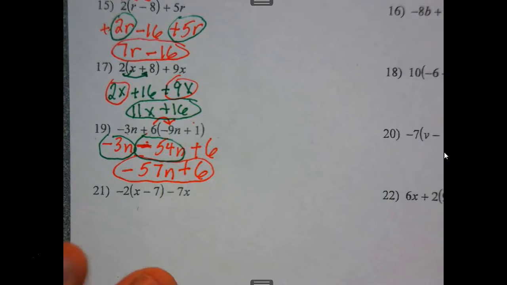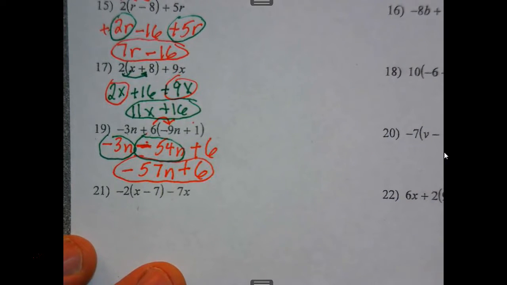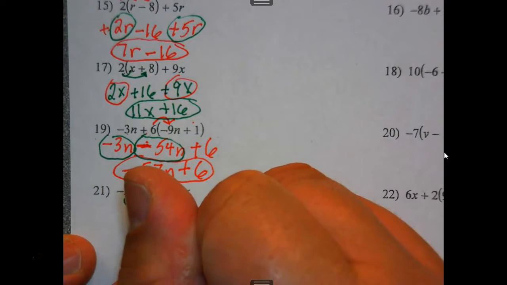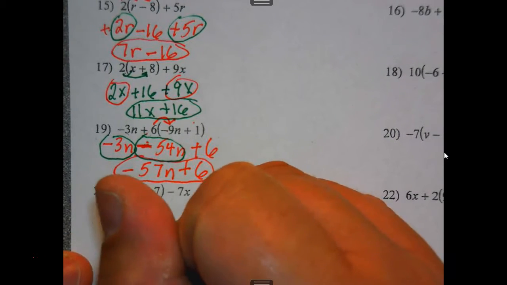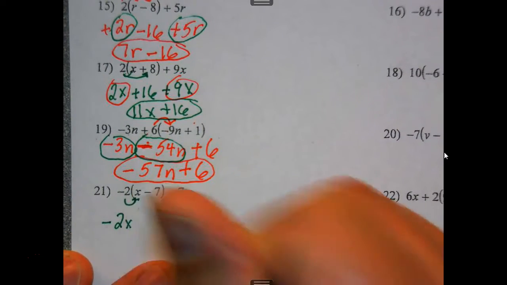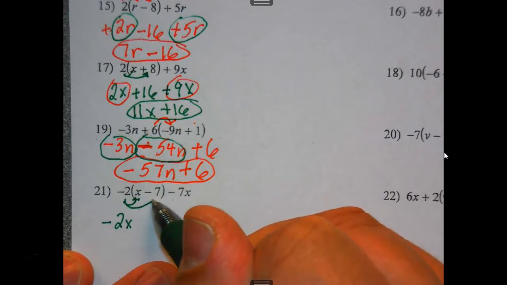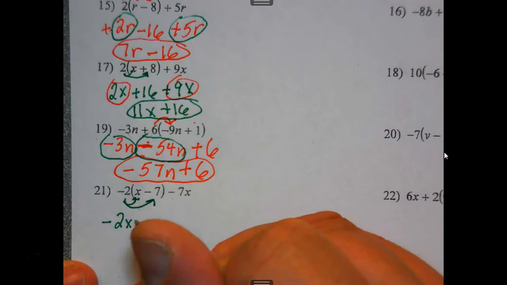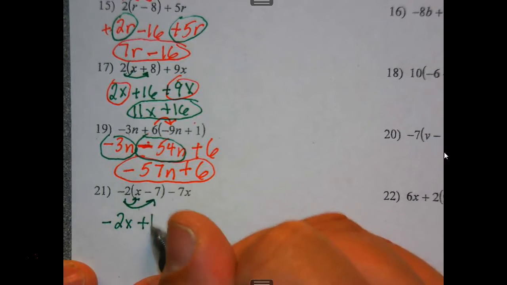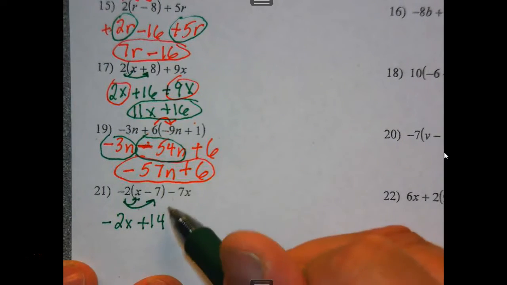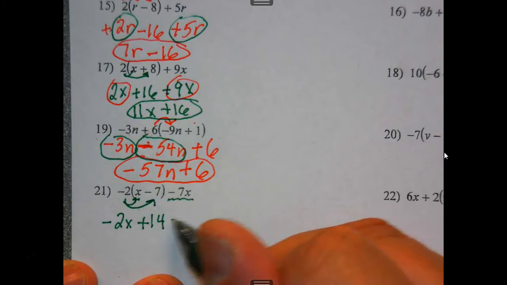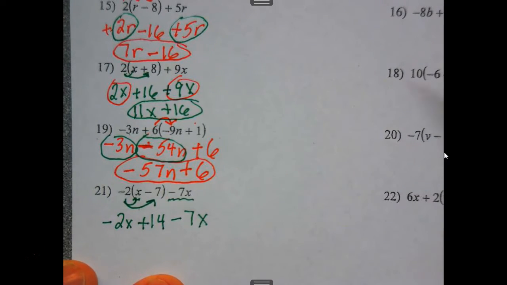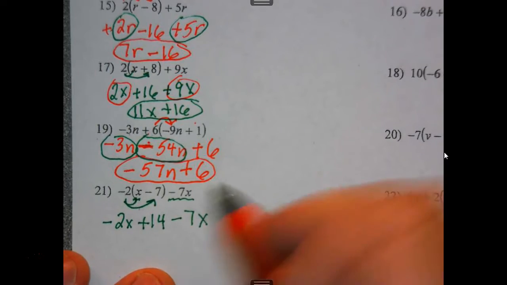Negative 2 times x. Negative 2 times negative 7. Careful, negative times a negative. Minus. And then bring down the minus 7x. Okay, combine the like terms.